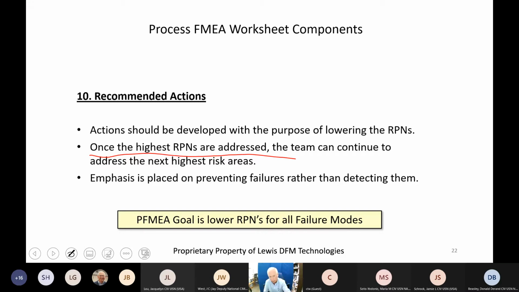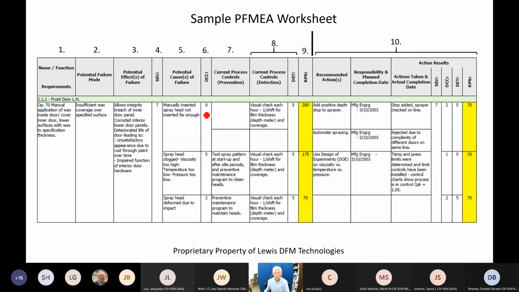And once we find them, we take recommended action that says, well, what can we do to the process to fix the potential issue or to make sure the part doesn't fail when it gets out into the field? What can we do? What should we do? And then we record those recommendations. Okay. And it takes us back to our worksheet.